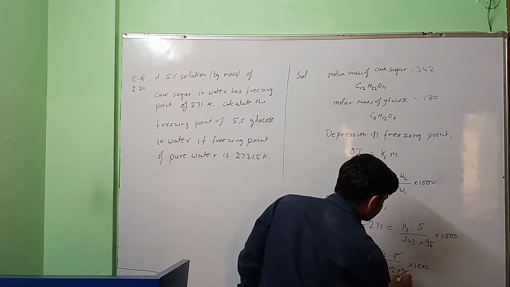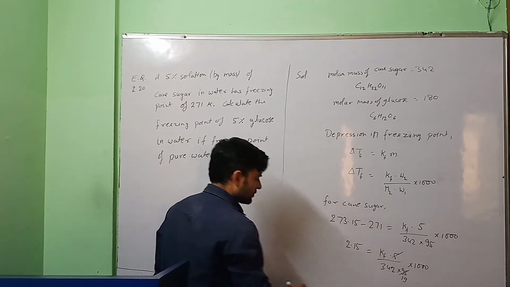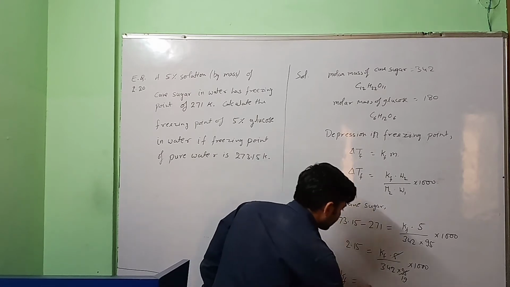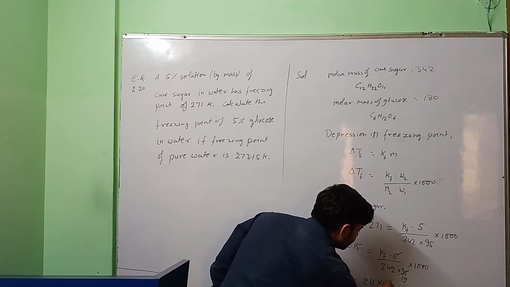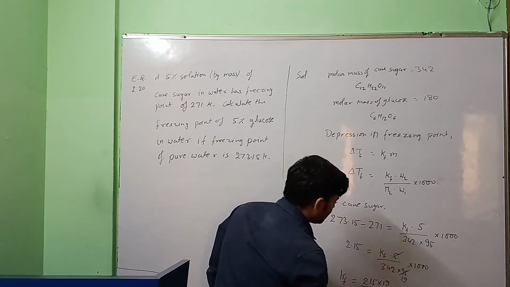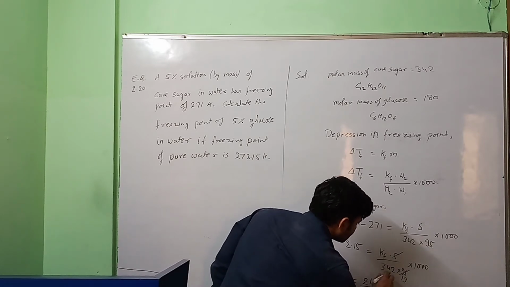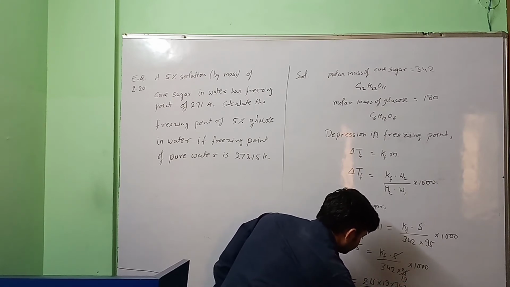We can cancel this 19 times. So from here we will get KF equal to 2.15 into 19 into 342 upon 1000.